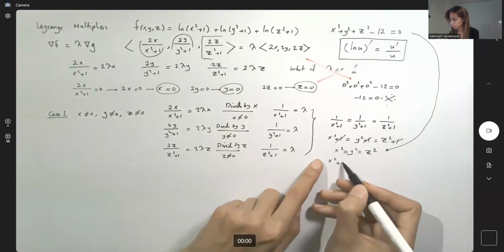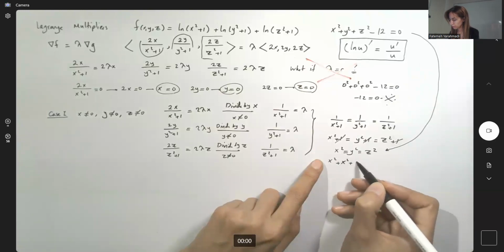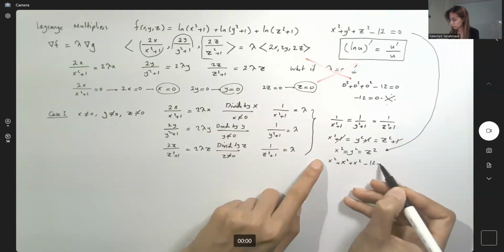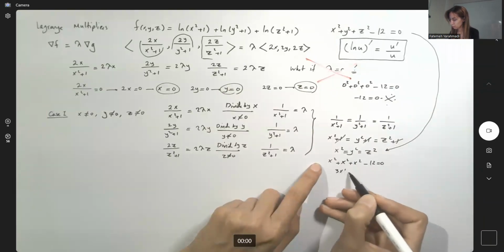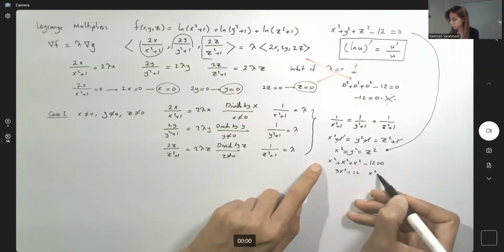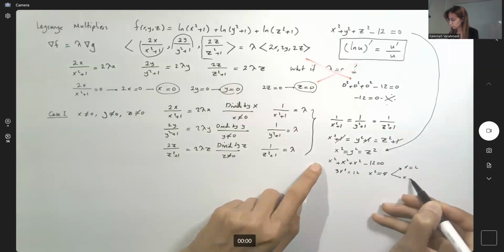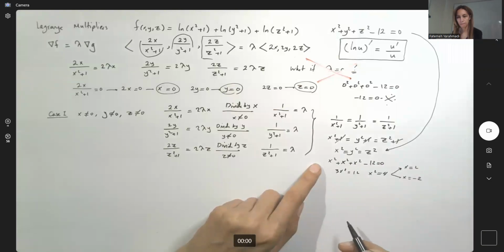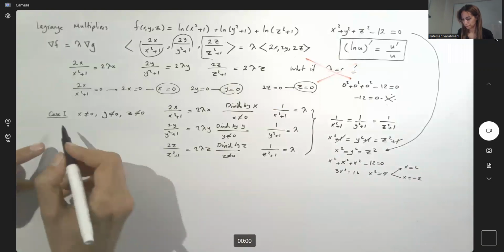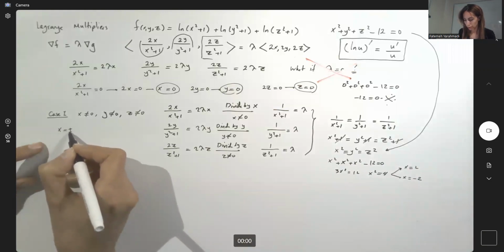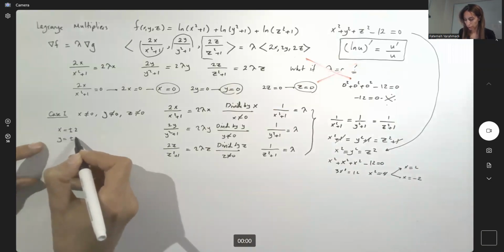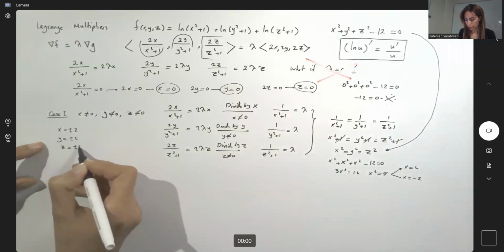You get x squared plus x squared plus x squared minus 12 equal to 0, or 3x squared is 12, x squared is 4, so x becomes 2 and negative 2. So x is plus or minus 2, y is plus or minus 2, and z is plus or minus 2.